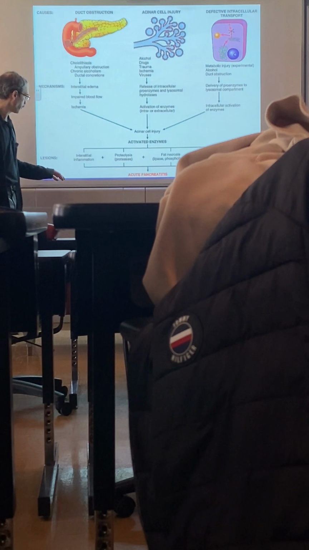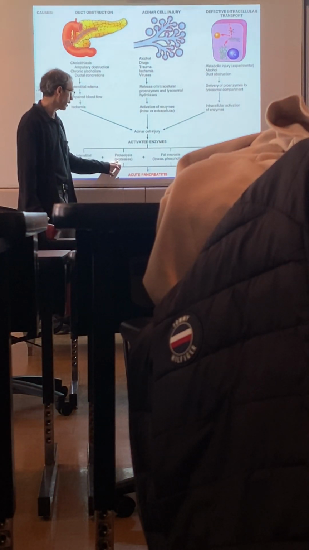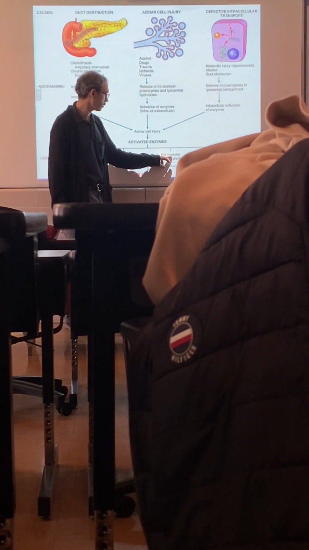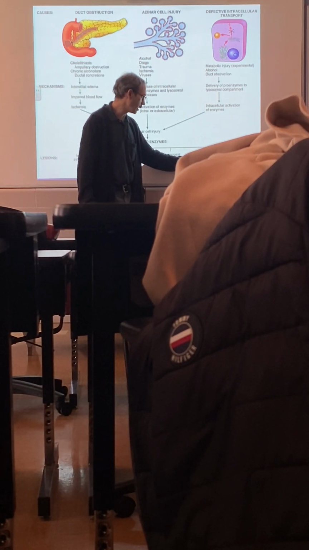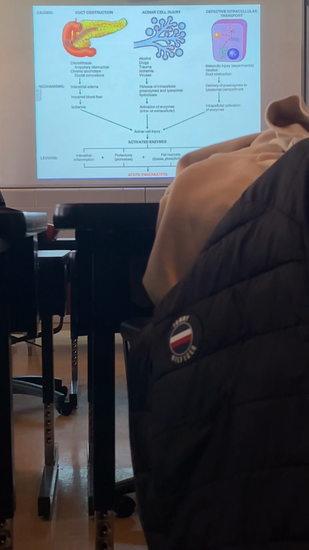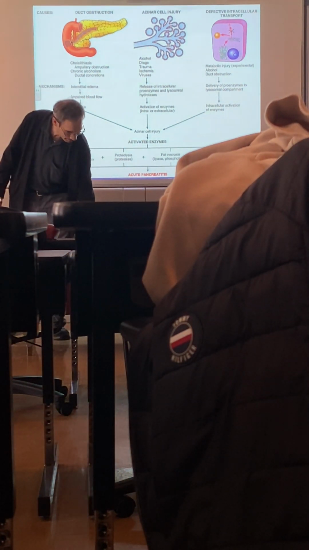And you have a number of different enzymes that are going to be activated. Proteases, of course, break down the proteins. The lipases and phospholipases are going to cause enzymatic fat necrosis. And you've got elastase breaking into the blood vessel walls, resulting in hemorrhage. And all of that's going to culminate in acute pancreatitis.